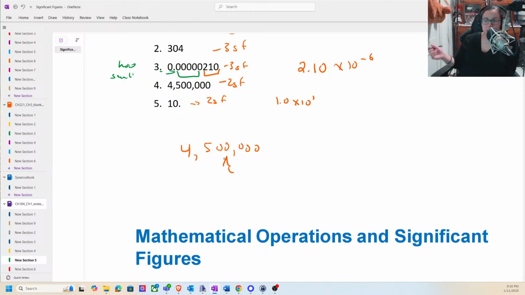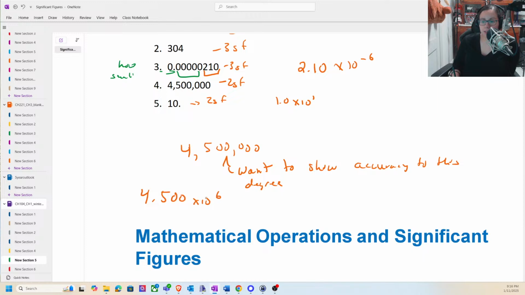Again, we don't really know what number this is. And again, it depends on your scale or the problem or whatever you're trying to show. But let's say we're trying to show that we're accurate to the thousands place. So we can write 4.500 times 10 to the 6. And then again, that indicates accuracy to the desired location.